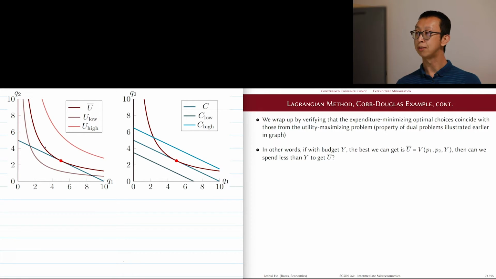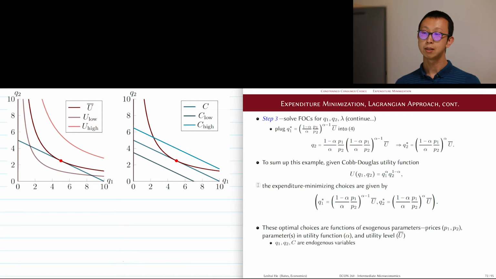Graphically, we really have to start at this particular utility level that we need to reach, which is the ending result of the utility maximization problem. And we have to grab this indifference curve and drop it into exactly the same spot on the right-hand side graph, now as our new target, and then try to minimize expenditure from there. Then we will be able to land at the same consumption bundle as before, and land at the same expenditure level as the budget that we had before in the utility problem. Only then will the duality properties appear.